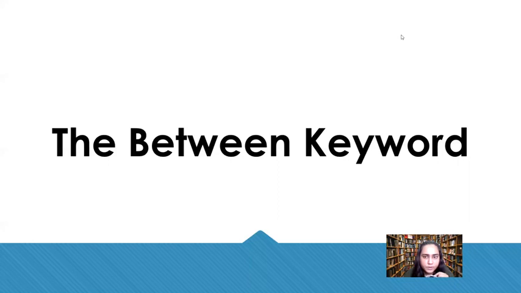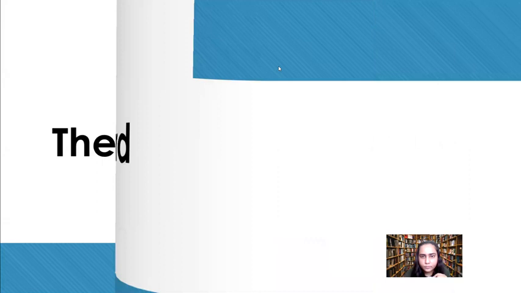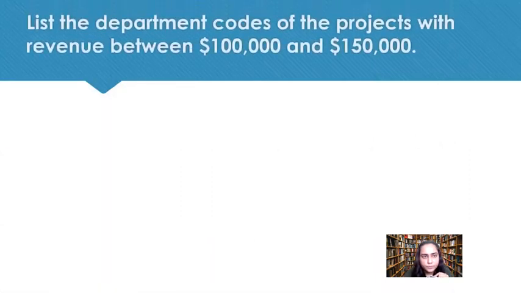Now we are going to see another interesting keyword in SQL, which is the between keyword, which also can be used along with the where clause. Let's see it with an example.